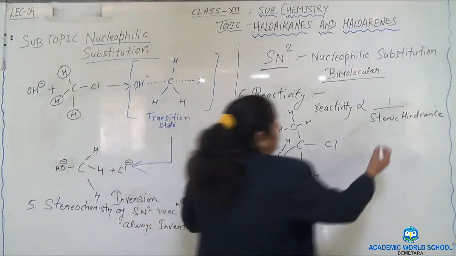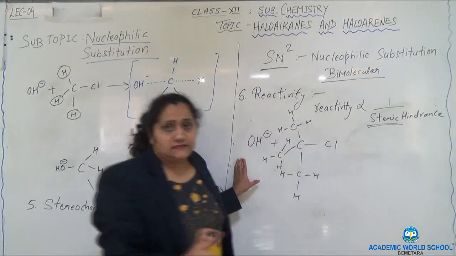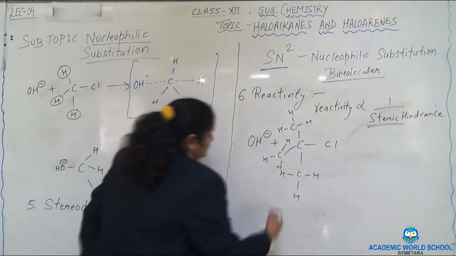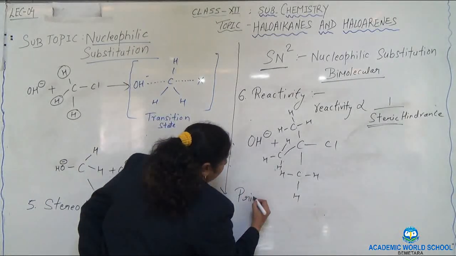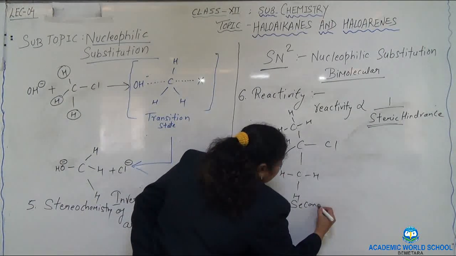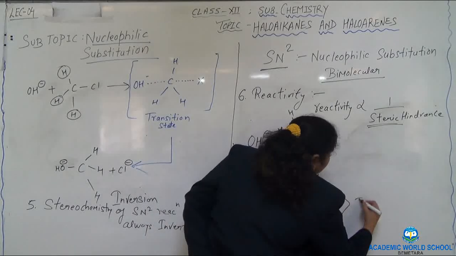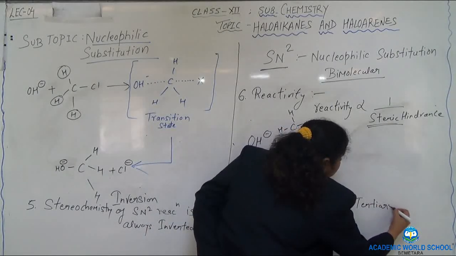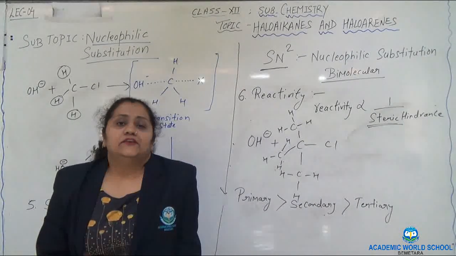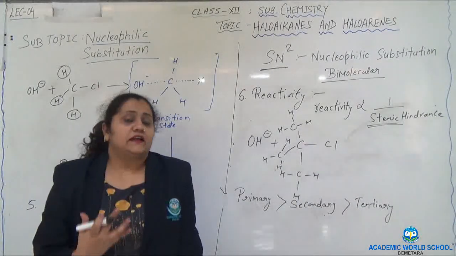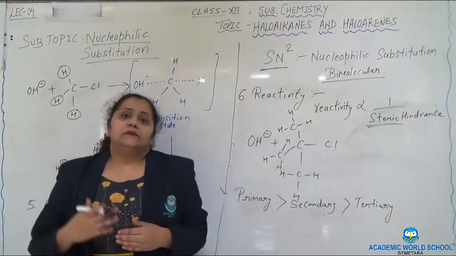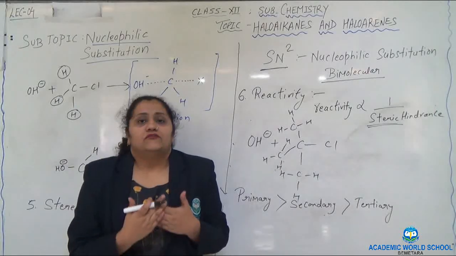That repulsion is called steric hindrance. So remember, for any SN2 reaction, the reactivity is primary most reactive, then secondary, and then tertiary. The reason is the effective steric hindrance of this bulky group, which does not allow the nucleophile to attack effectively.